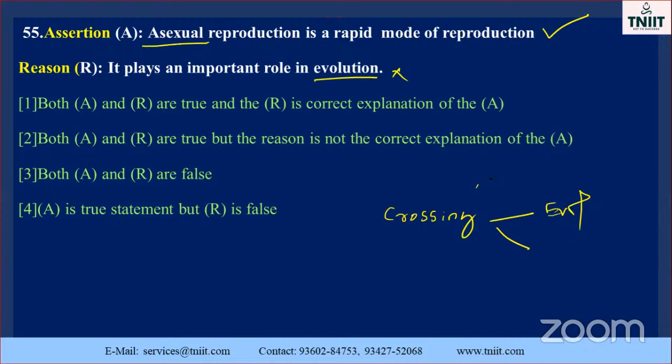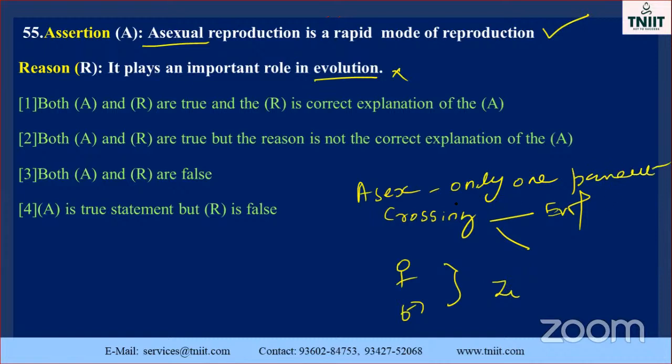Okay. Asexual means there is no sexual fusion of male and female, meaning you will get the zygote from two different parents. But here, asexual means only one parent. Okay, only one parent. So what happened? The evolution is completely lagged. So the option is which one?